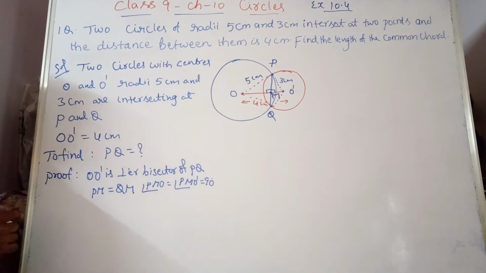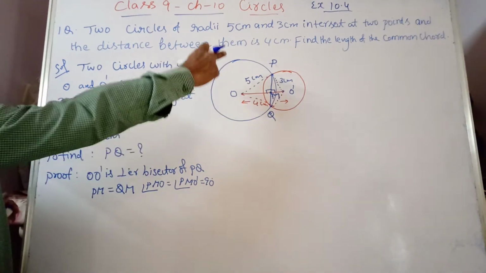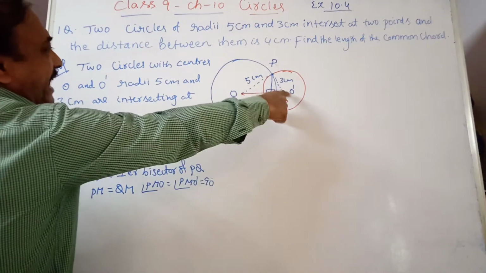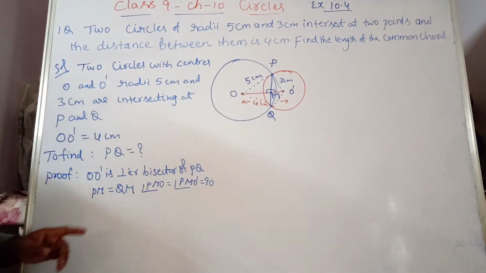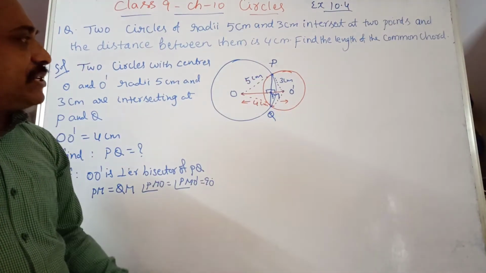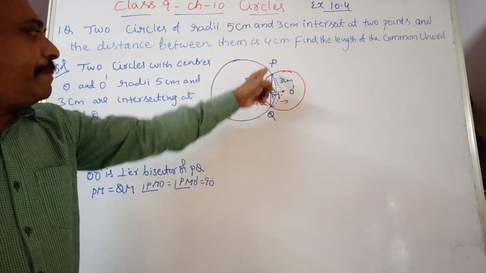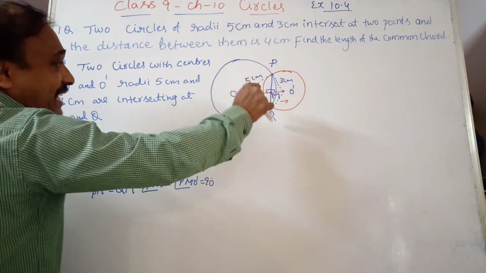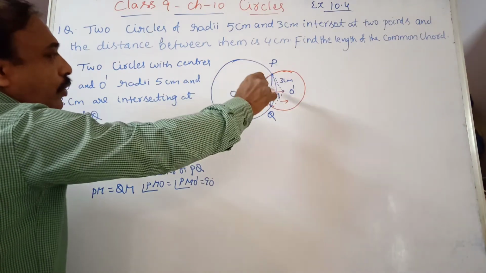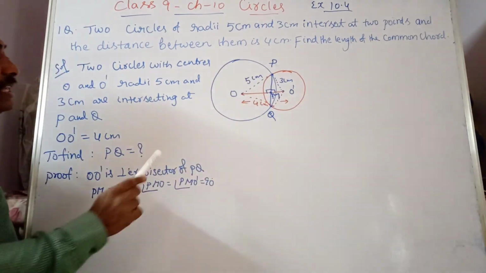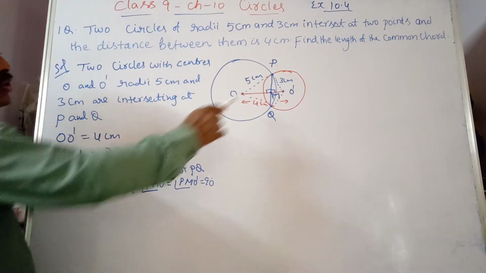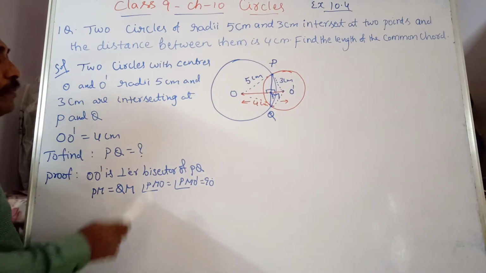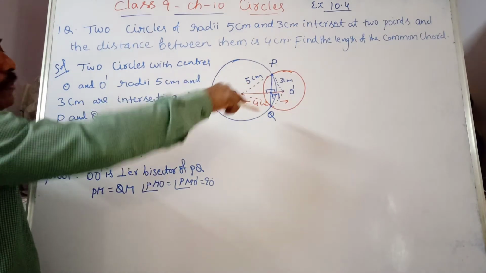Now we know the radius of the big circle, PO, and the radius of the smaller circle. Now we are finding two right triangles, PMO and PMO dash. We have to find the length of the common chord PQ. If you know the length of PM, then as they are equal, double of that PM will be equal to PQ.